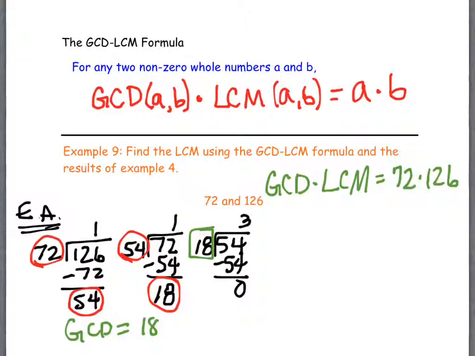So you found the greatest common divisor. It was 18. And I'm fairly certain you can multiply 72 and 126 for me pretty quick, right? I see some calculators, so I know somebody can. What's 72 times 126?